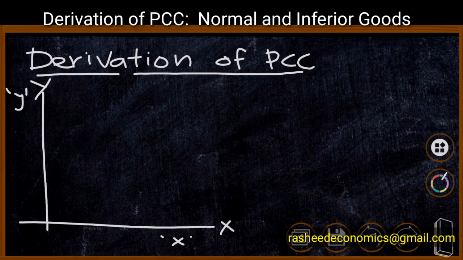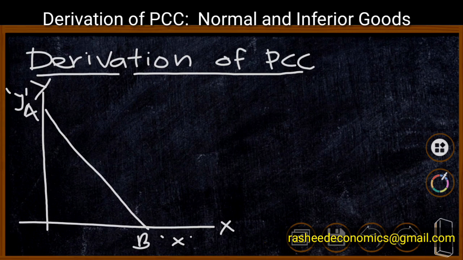To derive PCC, we draw an x-axis and y-axis. On the x-axis we show product X and on the y-axis we show product Y. Suppose the initial income price line is AB. That is, the consumer can purchase a particular quantity of X and Y, and by considering the price and income of the consumer, the current income price line is AB.